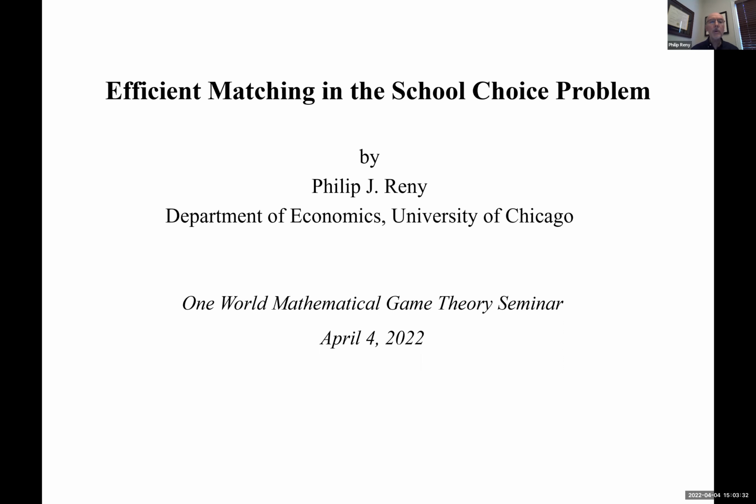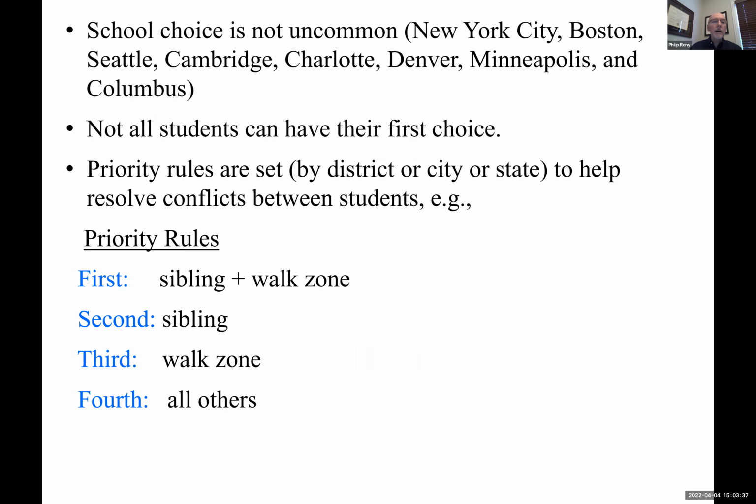So yes, today I want to talk about efficient matching in the school choice problem. Most of us, if not all of us, are very familiar with this problem in general. Just a brief introduction. School choice is very common, certainly in the US.